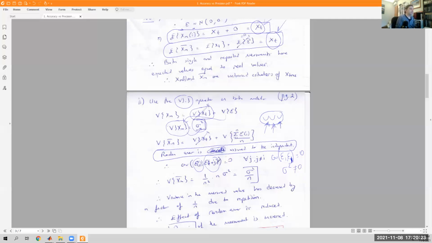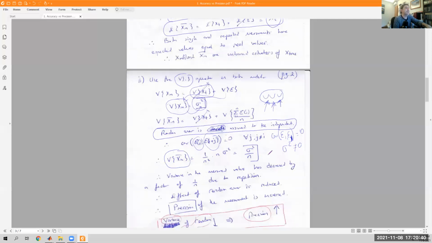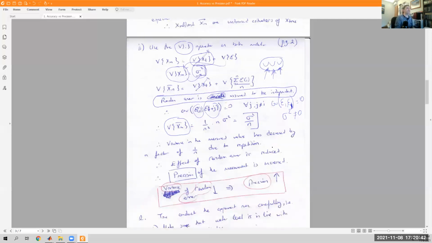Anyway, when you do that, the variance of our average measurements is going to be equal to sigma square over n. And actually, for those who remember from the statistics course, that is the power of averaging. It decreases the variance term, and this is exactly what it does. So basically, the variance in the measured value has decreased by a factor of 1 over n.